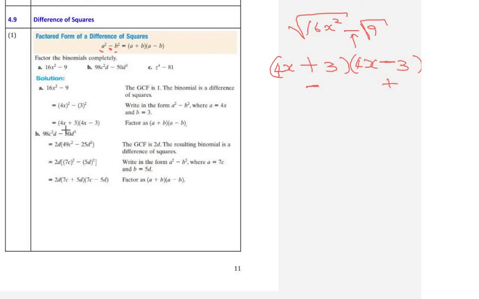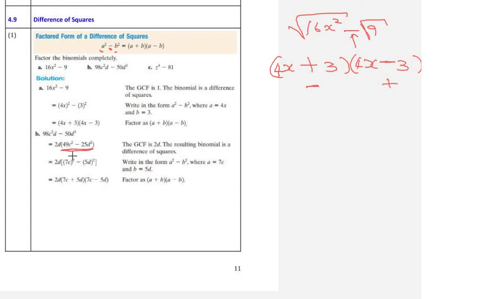So if we have a binomial, a two-term expression with a difference, you must already think, hey, I've got here a two-term expression with a minus between them. Isn't this maybe the difference of squares? And then we need to start with a common factor first. So we do our common factor, 2d, and then we look at the brackets here.